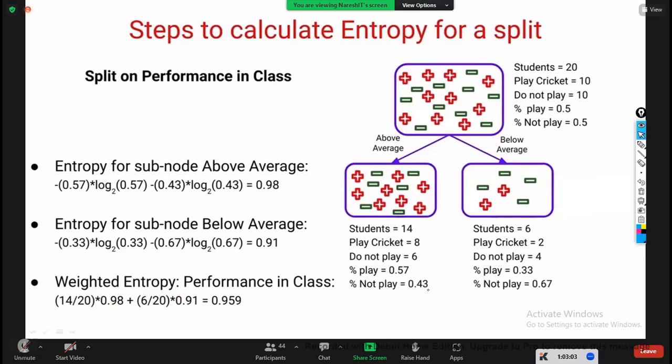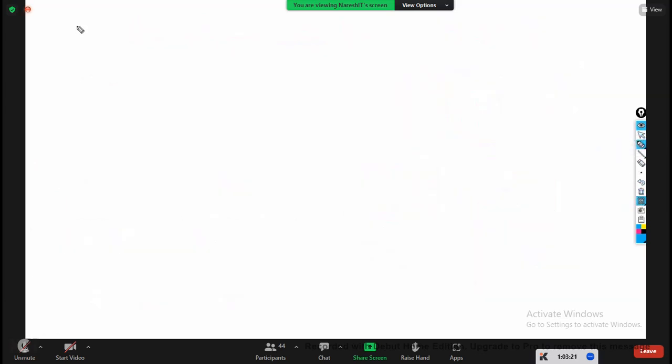Earlier, what we had done is 1 minus 0.57 whole square plus 0.43 whole square, because there we were calculating the Gini index. Gini means in terms of sigma P square, that is P1 square plus P2 square.